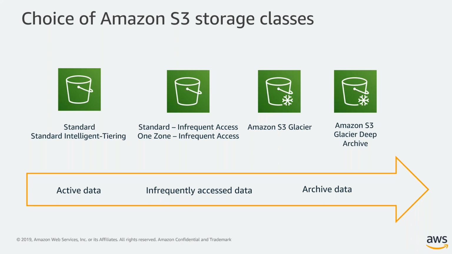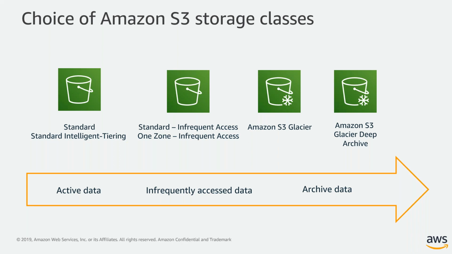One of those key features is what we call storage classes, what many may be familiar with from on-premises terminology as storage tiers. So we offer storage classes that handle all customers' use cases, all the way from active, through infrequently accessed and archive data, so that you have the appropriate tier throughout the life cycle of your data.